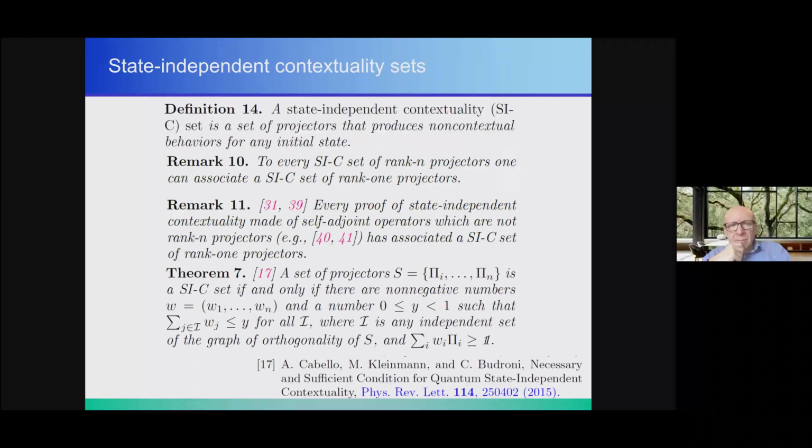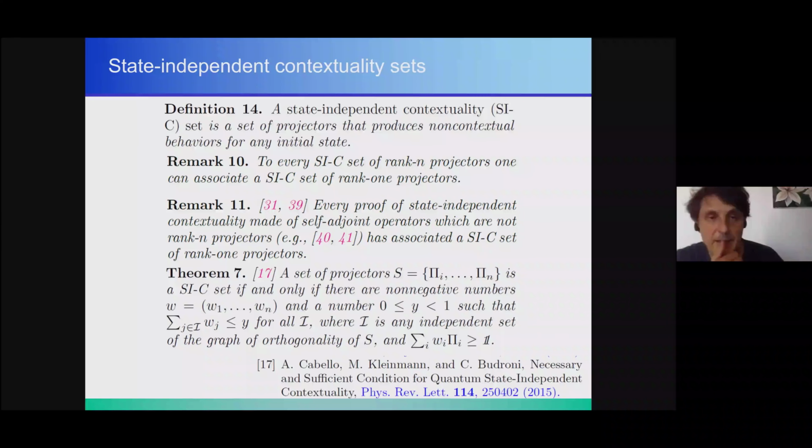Then, to define what I mean by a state-independent set: basically it's a set of projectors that can produce contextual behaviors for any initial state. So you have the set of measurements, and no matter how you prepare the system, by measuring this particular set of observables, you can always violate a non-contextuality inequality for any initial state.